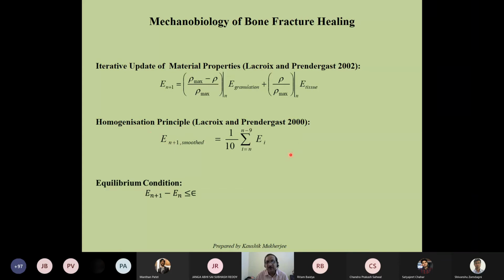So a smoothening effect is applied using the homogenization principle. And as I discussed yesterday, the equilibrium condition is achieved when two subsequent iterations yield values of E modulus that differ by less than a certain tolerance limit.